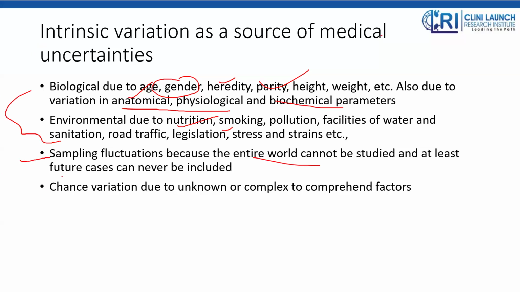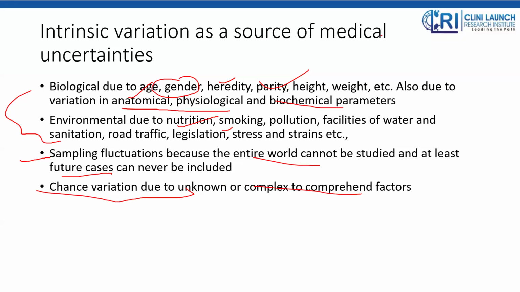Certain cases can never be included in your trial, like geriatric population, pregnant women, people with HIV, cancer, when you're doing a trial. So a lot of fluctuations are there. Chance variation is due to unknown or complex factors. What is a chance variation?